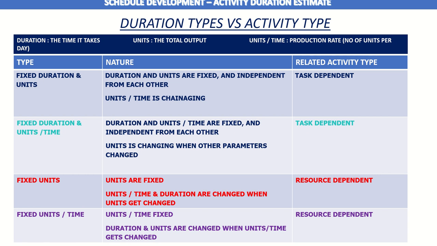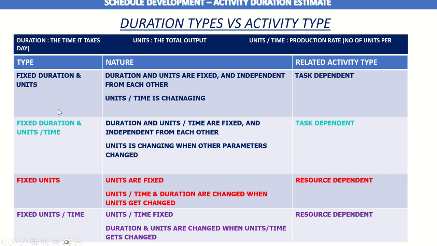In this case, duration is fixed and it will be 10 days, and also the units per time, 8 hours per day, is fixed, you can't change that. So the number of units will be changing, right? The only parameter that changes in this situation is the number of units.